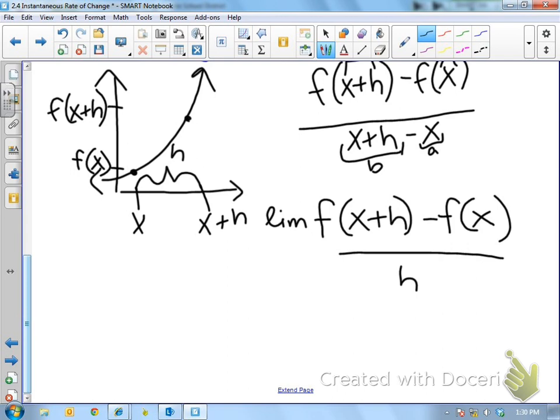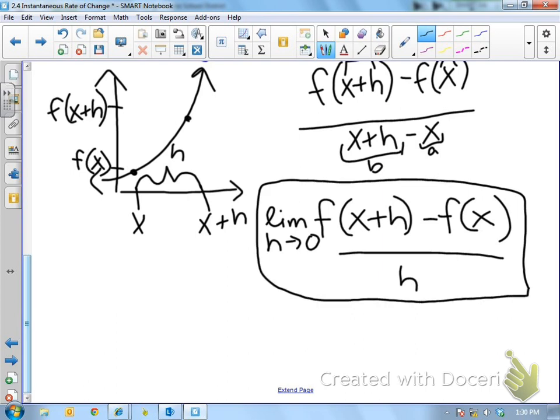If we want to take our point closer and closer, we want h to be smaller and smaller. We want h to keep getting smaller because we want the distance between where we start to where we finish to be small instead of big. So if I want h to get smaller and smaller, I want h to approach 0. So this is our formula currently for instantaneous rate of change.